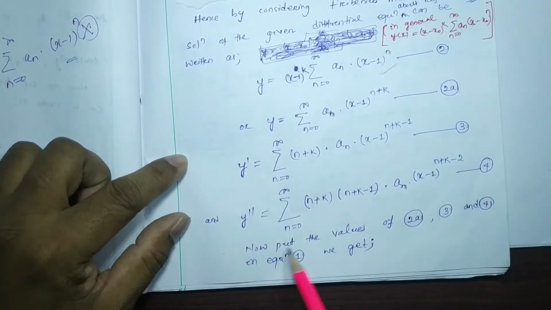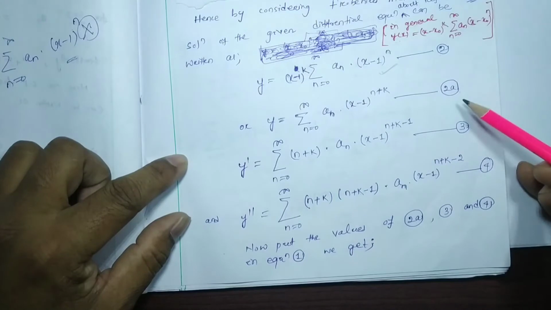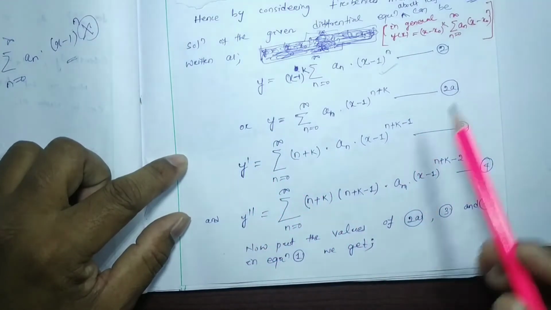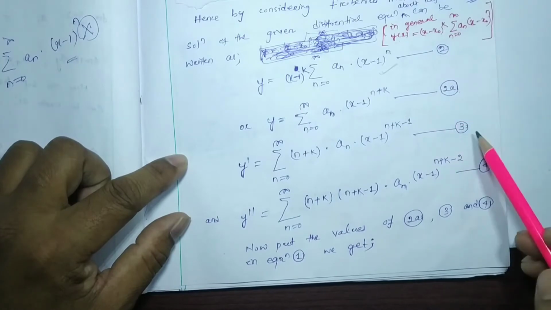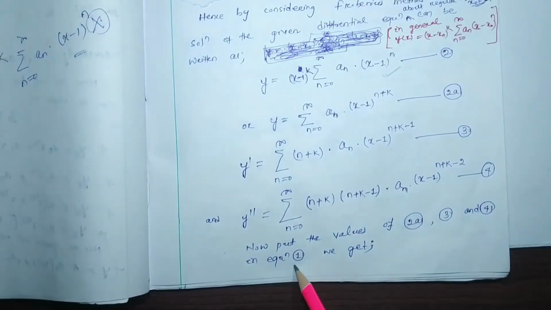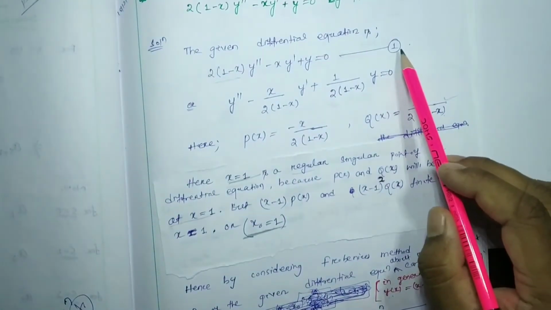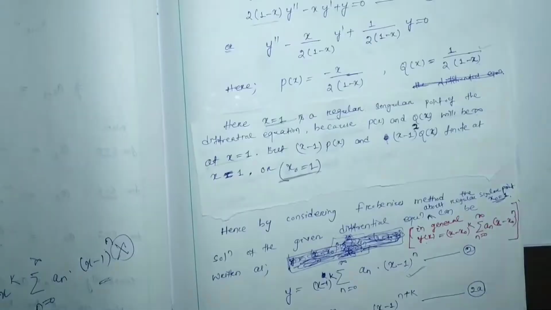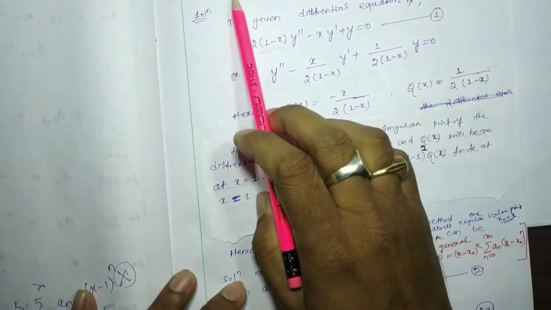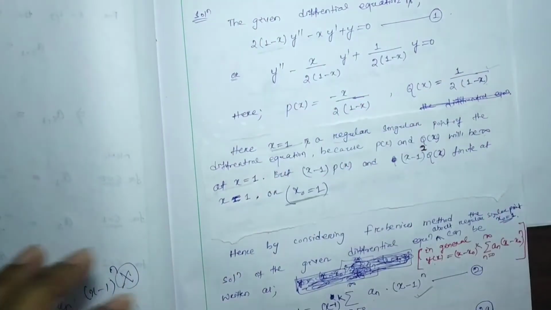Now put the values of y, y dash and y double dash from 2a, 3 and 4 in equation number 1. In this equation we have 2 into (1 minus x) into y double dash.